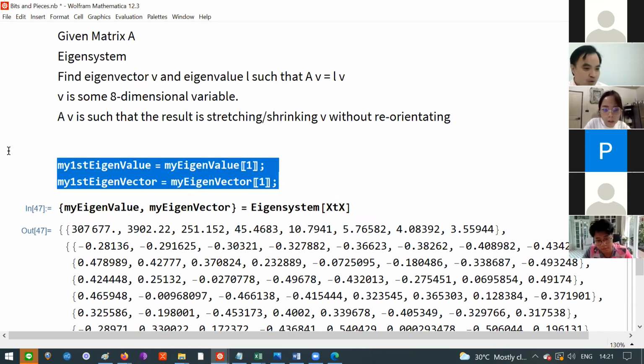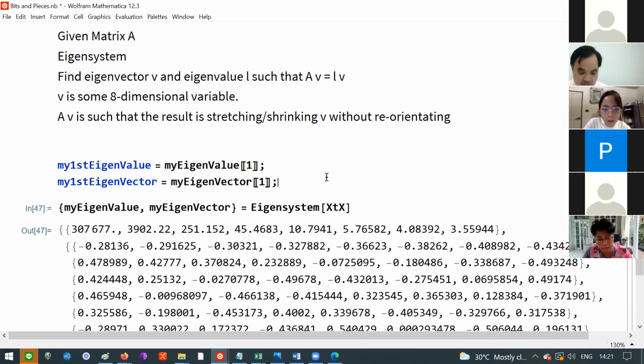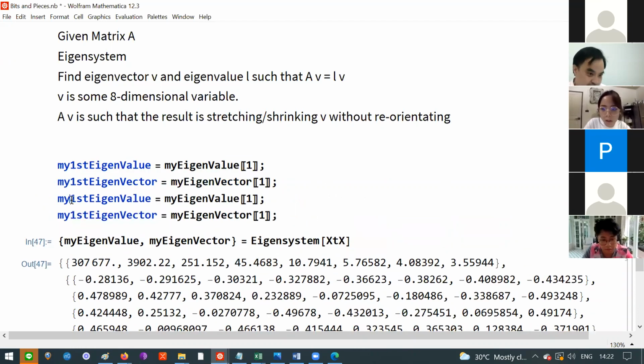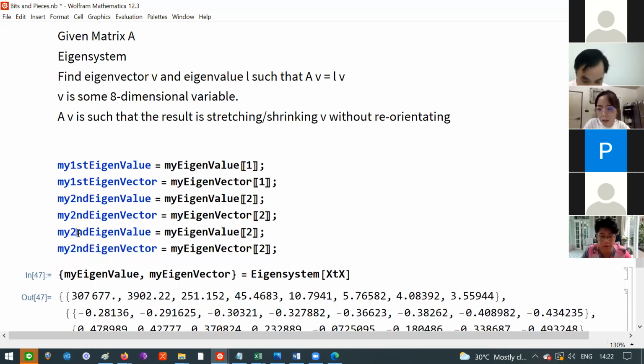And I might as well go for the second. I'll use it later. And might as well take my third.